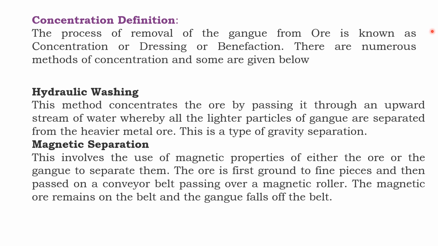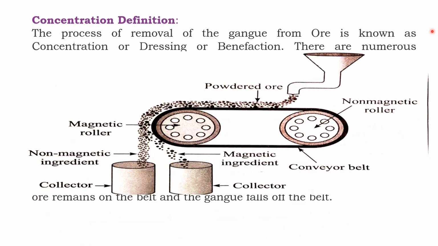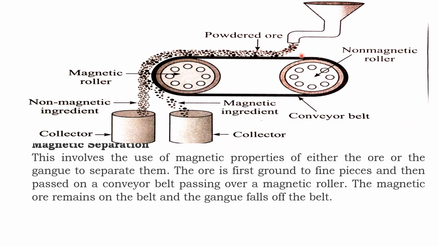We pass the ore and the impurity through a conveyor belt. See here, this is the conveyor belt. We pass the ore material here, so this ore material will pass through the conveyor belt, and these are the magnetic rollers.